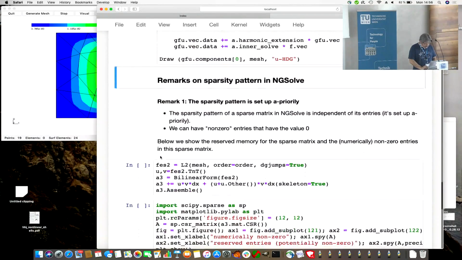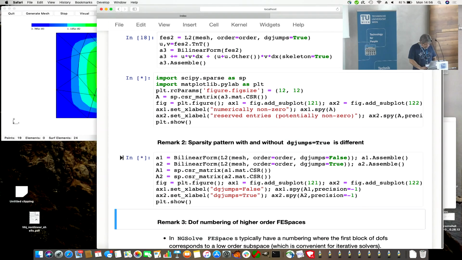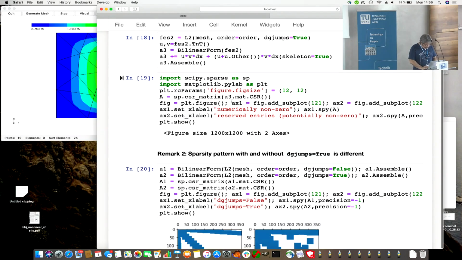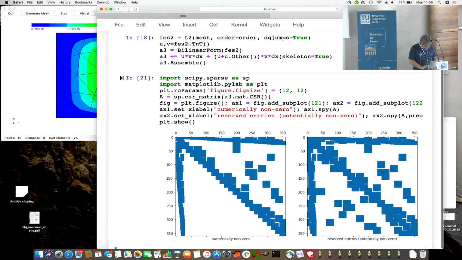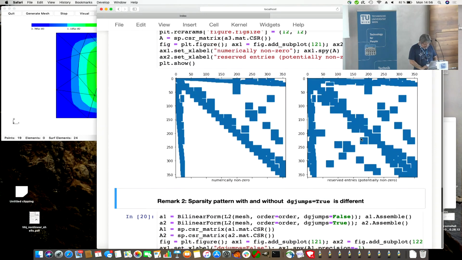I also prepared some spy patterns of the matrix. It should pop up if I push again. Okay, what do we have? Yeah, this is the pattern for the upwind matrix, which is only on one side, but here are the reserved entries.